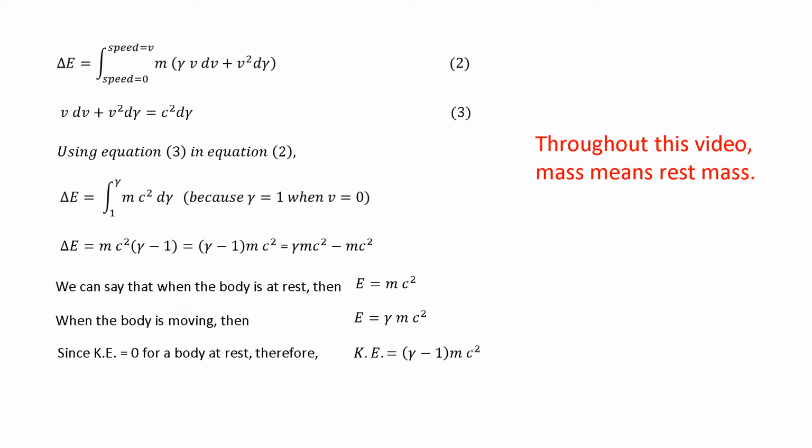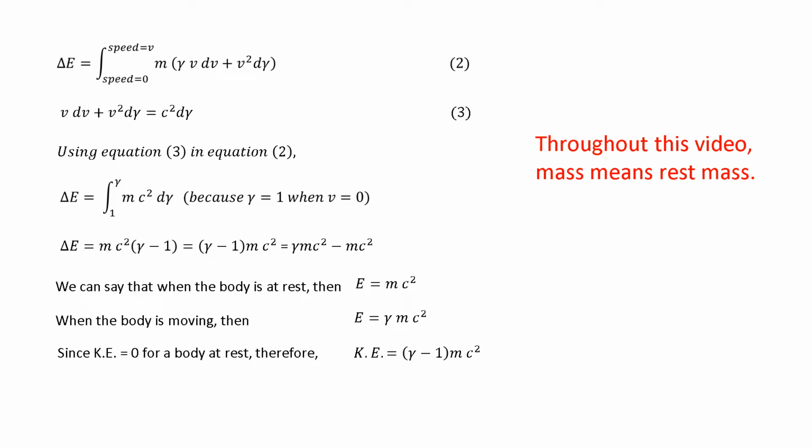We get delta E equals integral mc square d gamma. The integral is with respect to gamma. The lower limit is 1 and the upper limit is gamma. Upper limit is gamma, which depends on v, and lower limit is 1 because when the speed is 0, then gamma is 1.